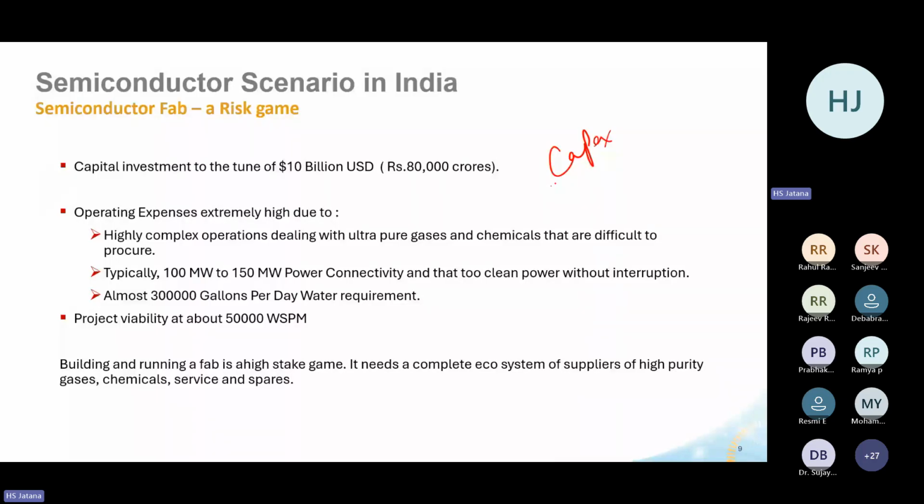Even if you have to set up a modest fab, modest fab means say 90 nanometer geometries and 40K wafer starts per month, if we have to set up this kind of a fab with all new equipments, it will cost you close to $4 to $6 billion. That is a huge money, and the break even will come after 9 or 10 years.